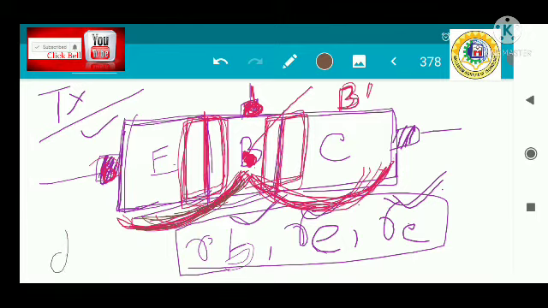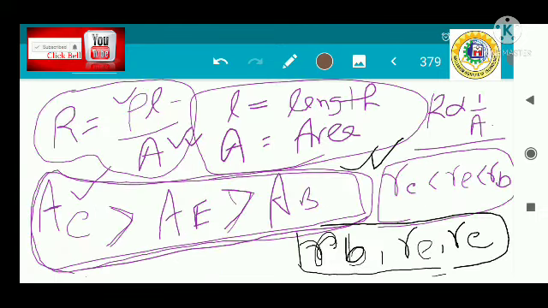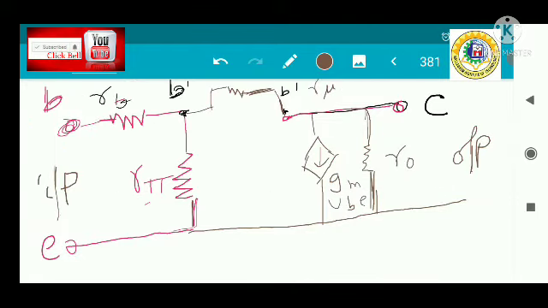This is the diffusion capacitance, forward bias capacitance, and if the junction is reverse bias, there is also a depletion capacitance. So between them there is a capacitance, marked as C pi between B prime and the emitter, and between B prime and collector there is a capacitance marked as C mu.